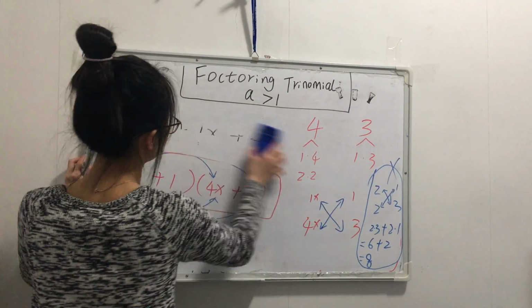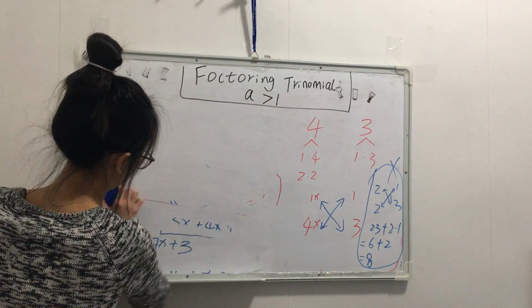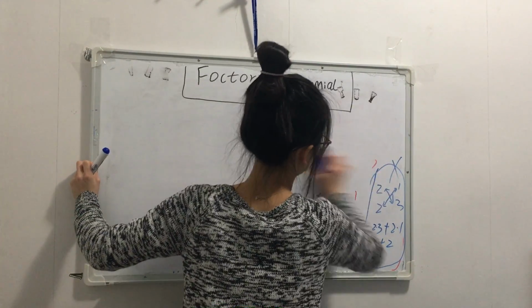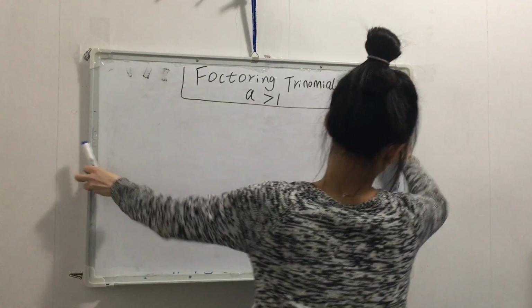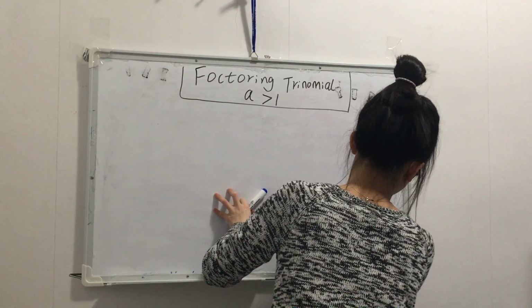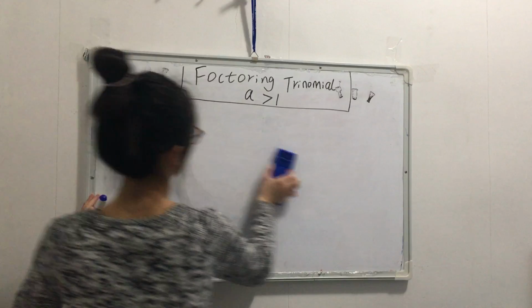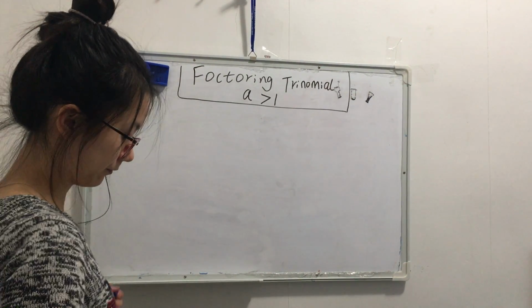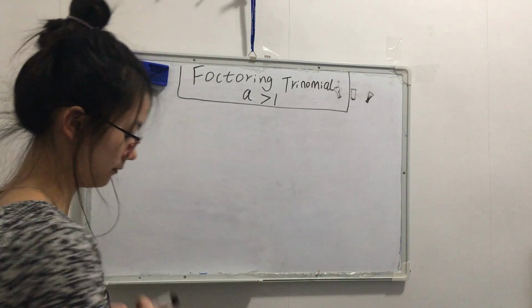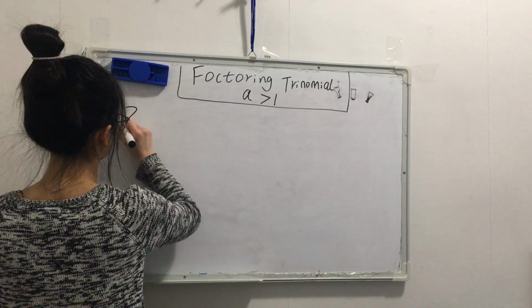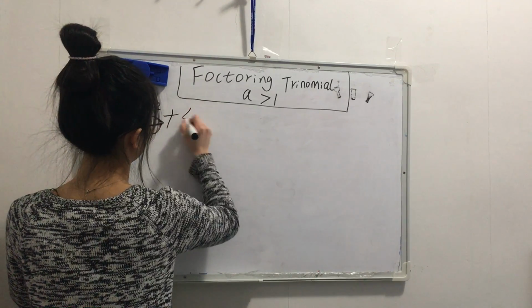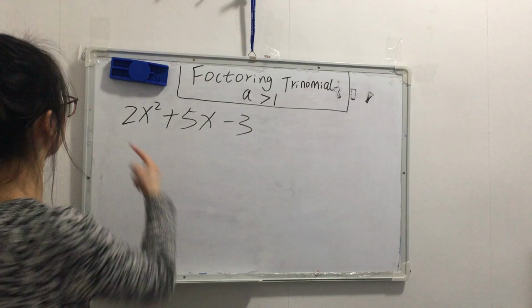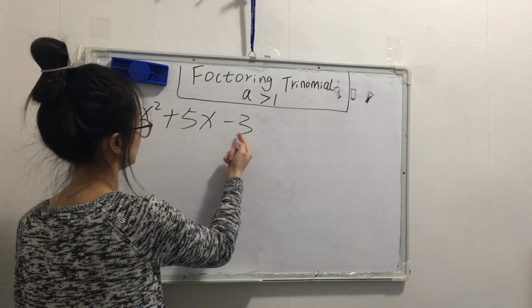Let's try another example. See this one, 2x squared plus 5x minus 3.